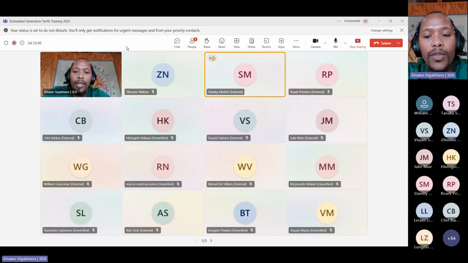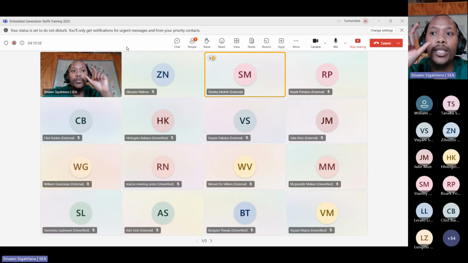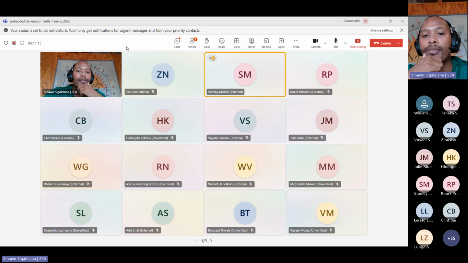So for consumption tariffs, cost of supply; for export tariffs, there must also be a cost of supply study. But to determine the export tariff itself, we are going to show you tomorrow how you determine that. But when you go to NERSA and say, okay, these are my export tariffs, you must show NERSA that you have done a cost of supply study as per the rules themselves. I hope that is clear.